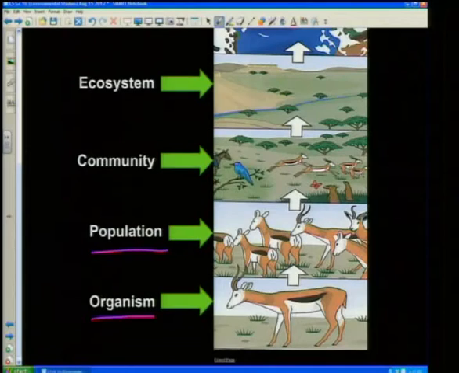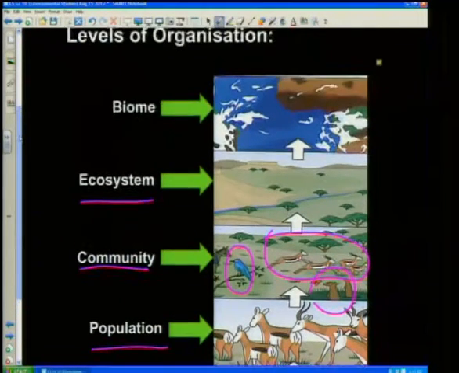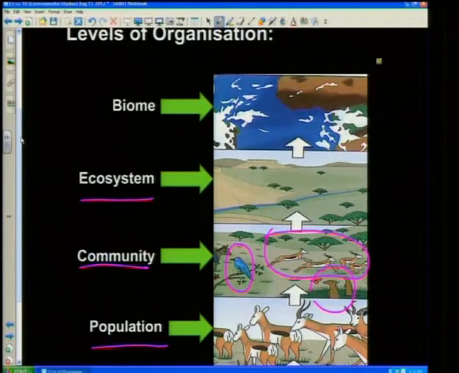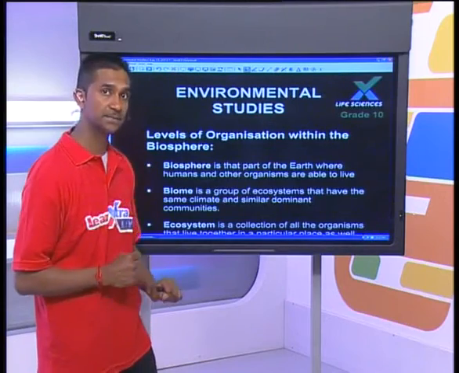Several different populations of birds, the meerkats, and springbok collectively in an area form a community. Several communities form an ecosystem. And an ecosystem with other ecosystems put together form the biome. Okay, let's look at these in greater detail in the next slide.